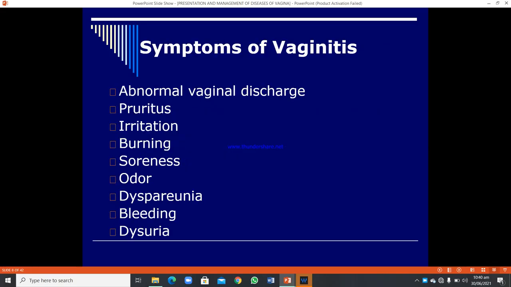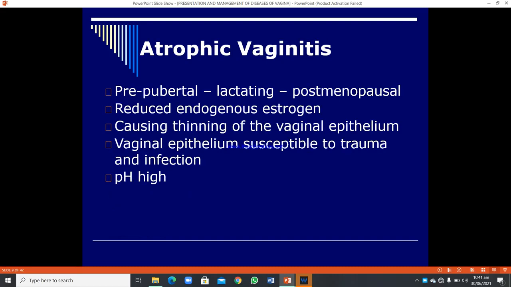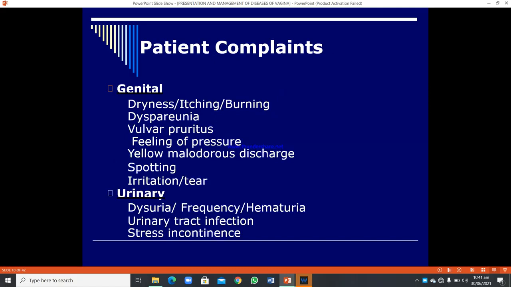Symptoms of vaginitis: abnormal vaginal discharge, pruritus, itching, burning, soreness, odor, dyspareunia, bleeding and dysuria, that is painful micturition. Atrophic vaginitis: prepubertal, lactating, postmenopausal, reduced endogenous estrogen, causing thinning of the vaginal epithelium, susceptible to trauma and infection, pH high.